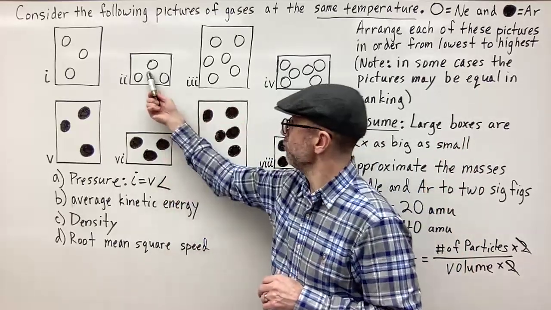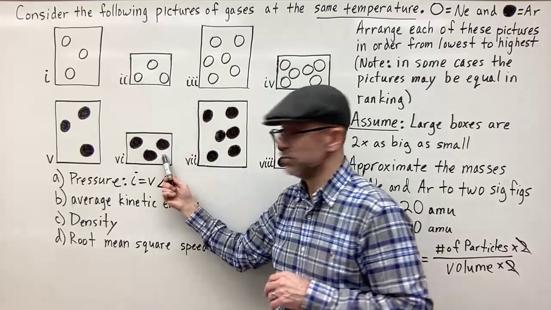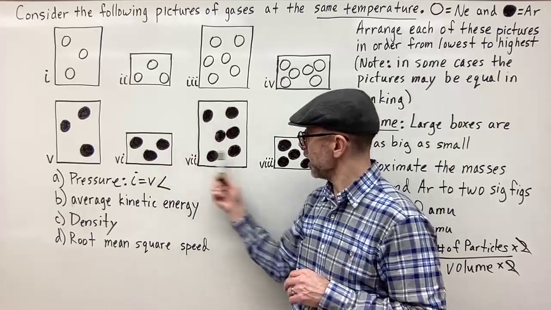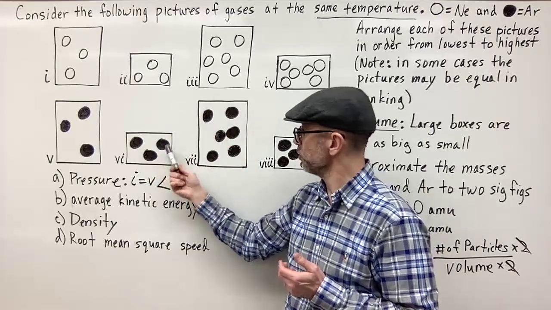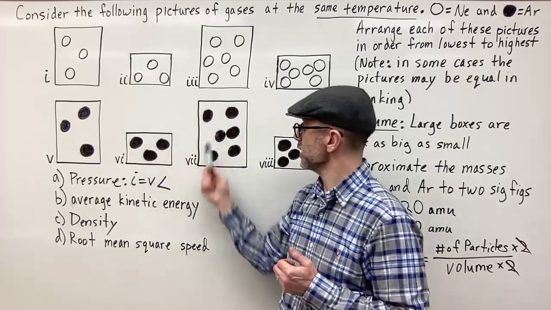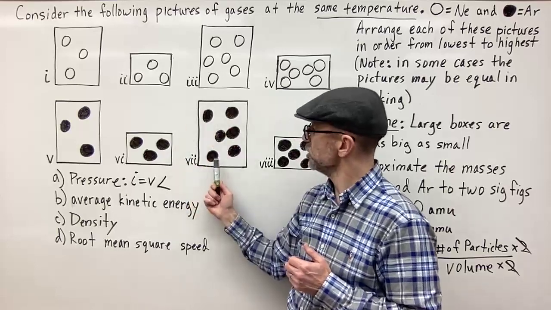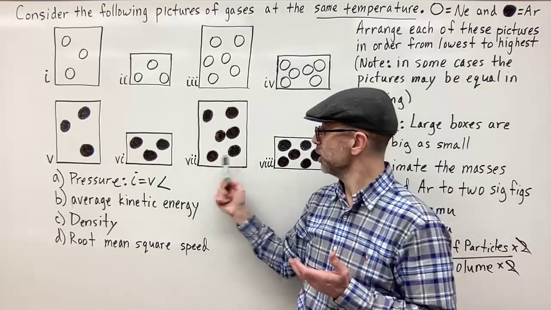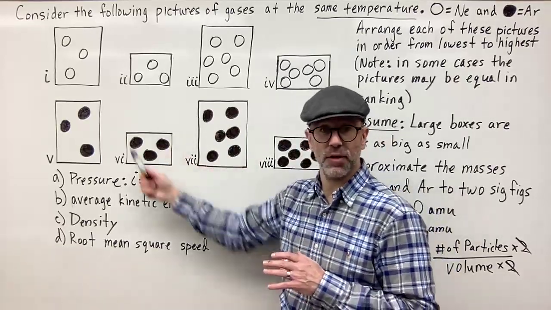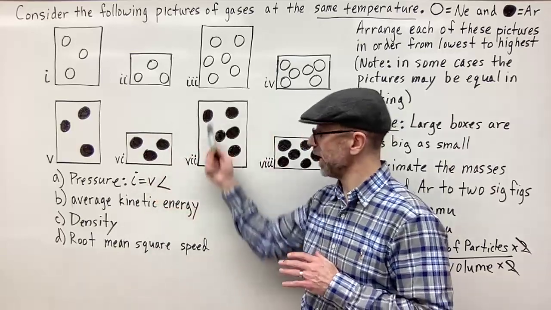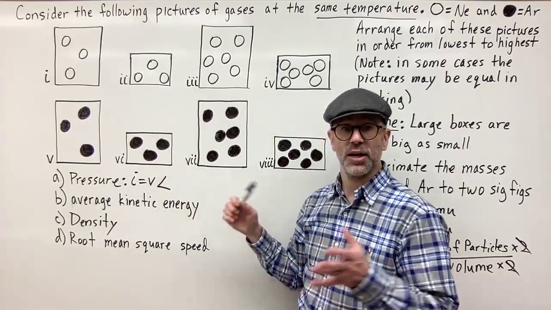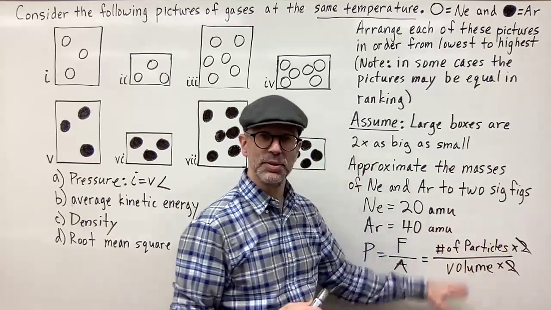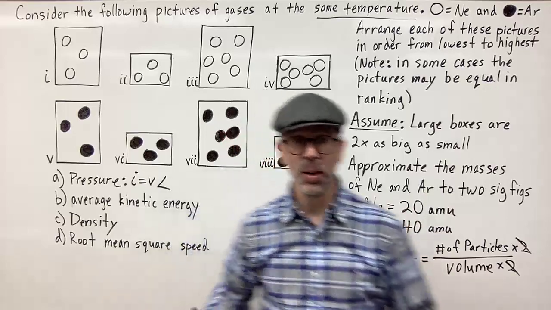And then also, if these 2 have the same pressure, right? And this box is the same relationship, right? So going from this box to this box, number 7, we doubled the volume and we doubled the number of particles in the box. So again, the pressure in this box should be the same as the pressure in this box because they cancel each other out. Doubling the volume and doubling the number of particles keeps the ratio the same, so it's the same pressure.